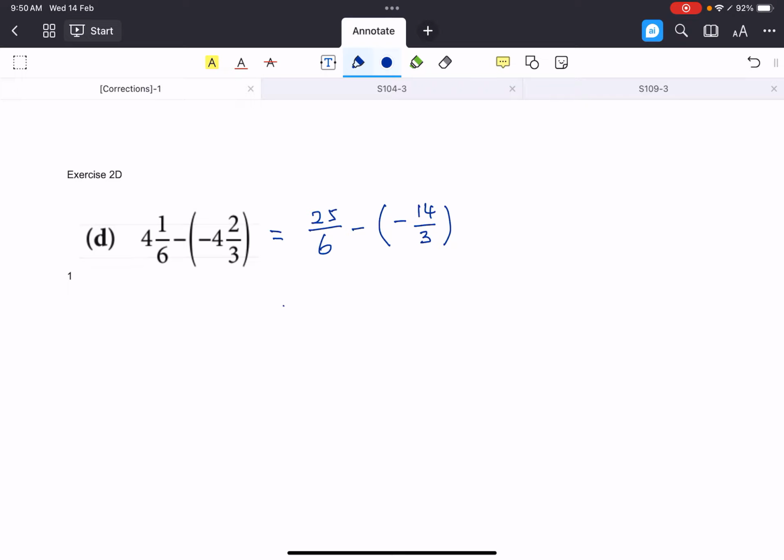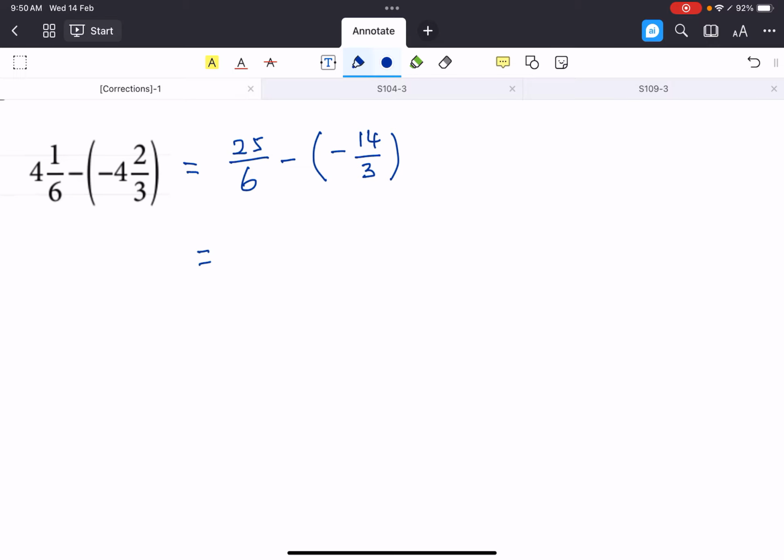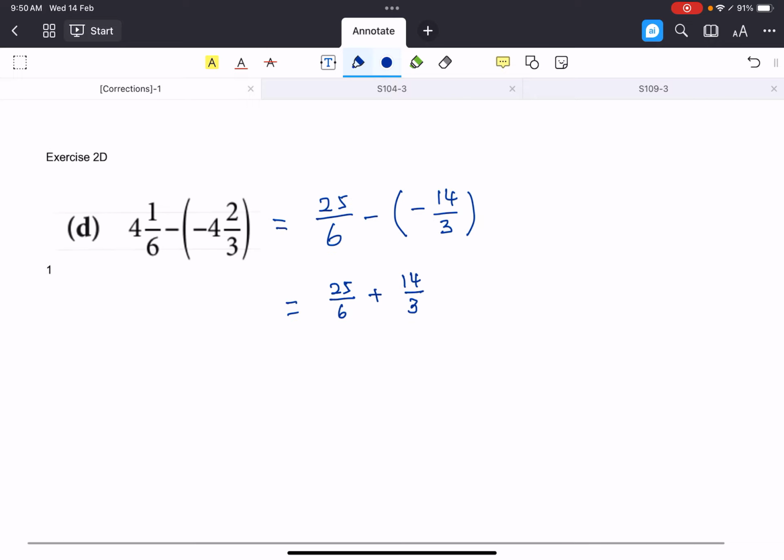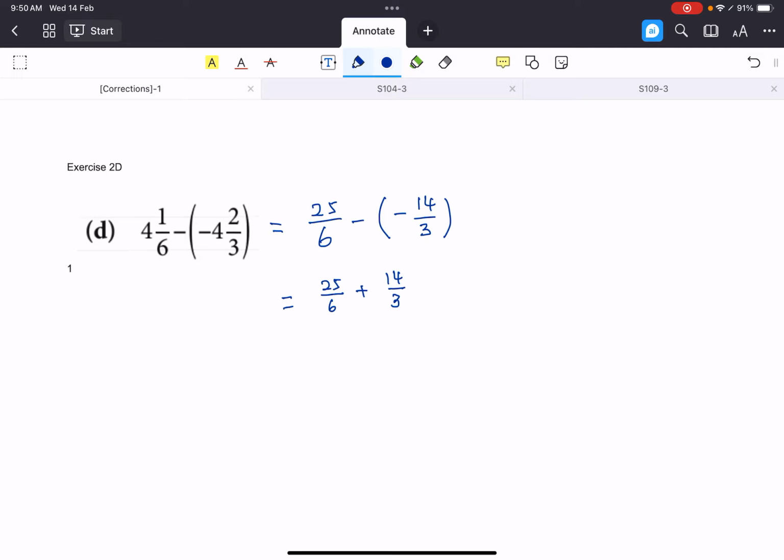Okay, so the next thing we can do is we realize that when we minus a negative number, it's the same result as addition. So we can add them. This is 14 over 3. Now, in order to add two fractions together, remember, we need to make the denominator the LCM. So in this case, I can make the denominator both over 6.